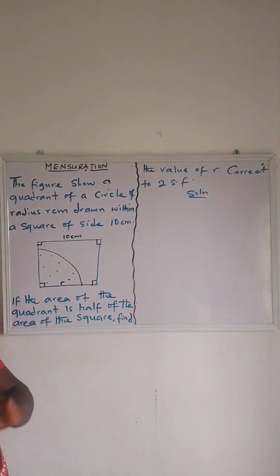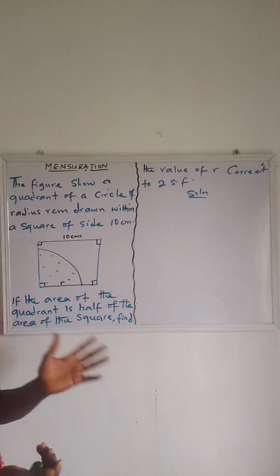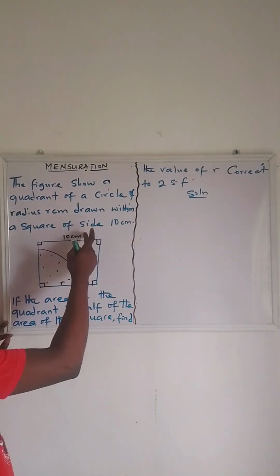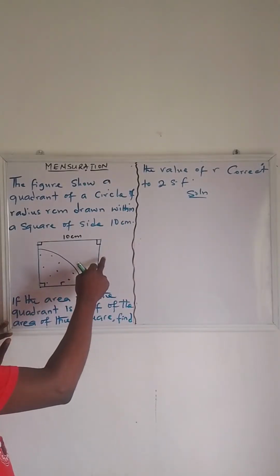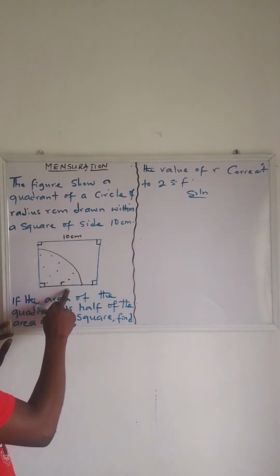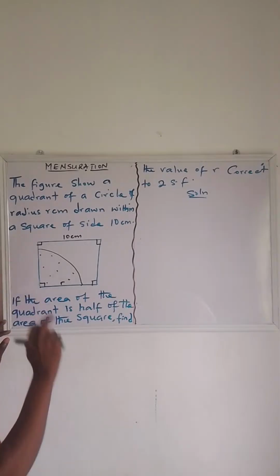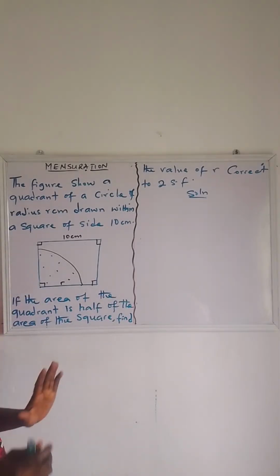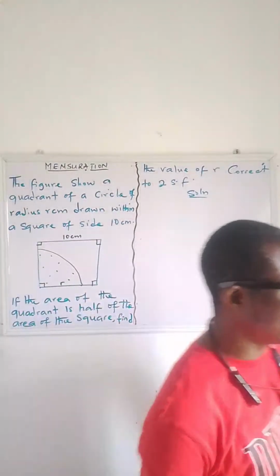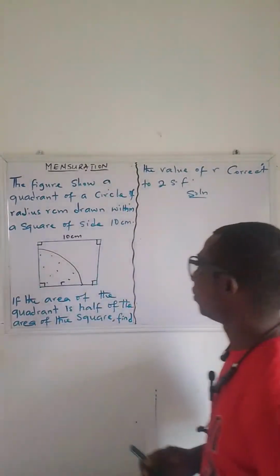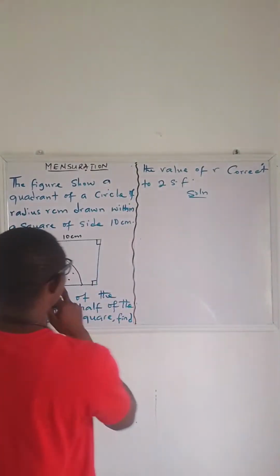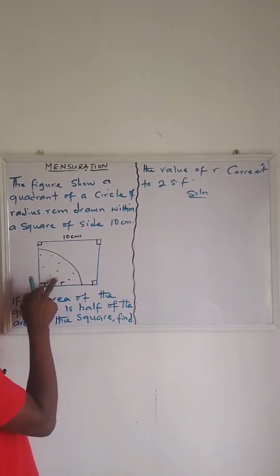Now the second thing is the square. One of the properties of the square is that all the sides are equal. So this side is given here. This is also 10 centimeter, this 10 centimeter, 10 centimeter. Since we understand that, let us now write the area of this quadrant.